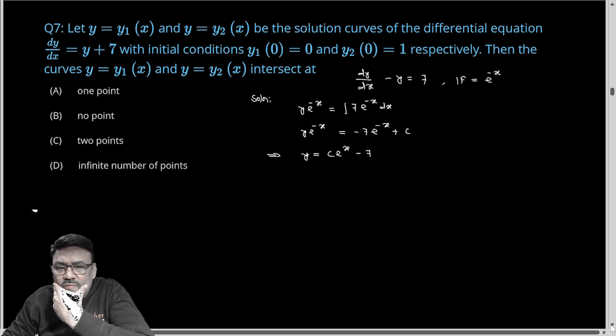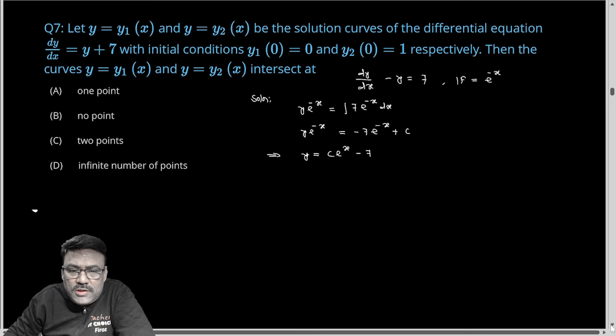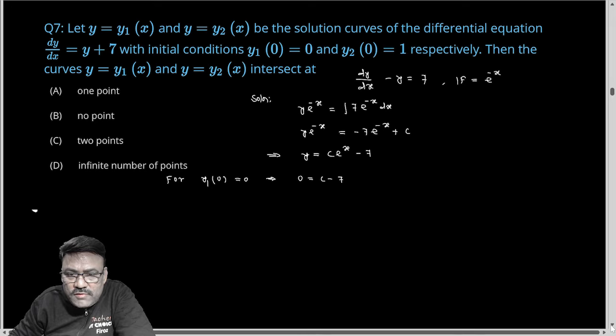Now we have two curves, y1 and y2. For y1, at x = 0, y is 0, and for y2, at x = 0, y is 1. So for y1, y1(0) is 0. If I put x = 0, y = 0, I'm getting c = 7 here.